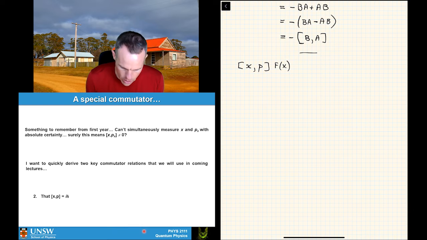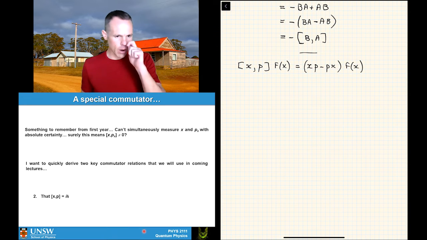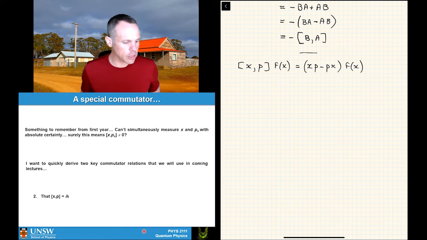So if we go in here and expand out our commutator, what we would get is xp minus px. I'll put round brackets on it for the moment. f of x, okay? I'm going to reserve my square brackets for the special meaning of having commutators for this lecture and going forwards.